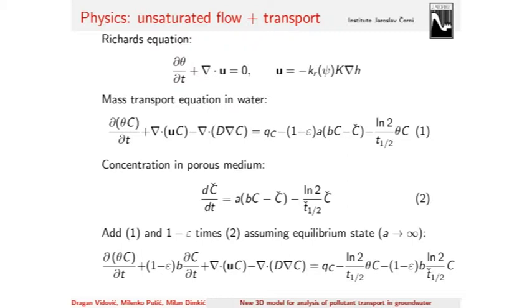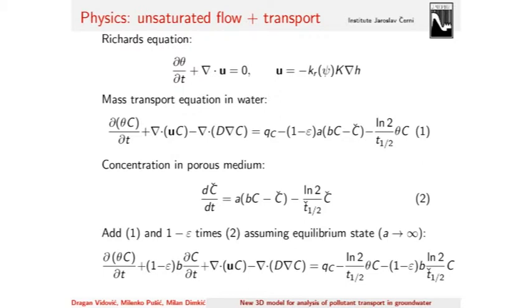It depends on this Darcy velocity here. And QC is the source term. Epsilon is the porosity. A is the speed of sorption, while B is the sorption capacity. C wedge is the concentration in the porous medium.